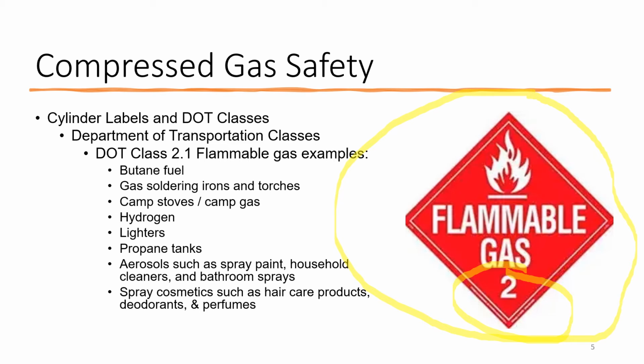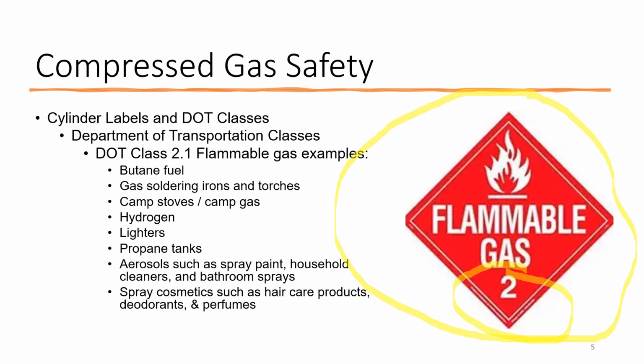So when we think of the common examples out there, we have butane fuel, gas soldering irons, camp stoves. Hydrogen, of course, is found more and more out in industry as we look at alternate sources of energy, lighters, propane tanks. And when you think about aerosols, bathroom sprays and paint sprays, we're not talking about your individual can, although you may find a warning on there, but we're talking about when it's in bulk.